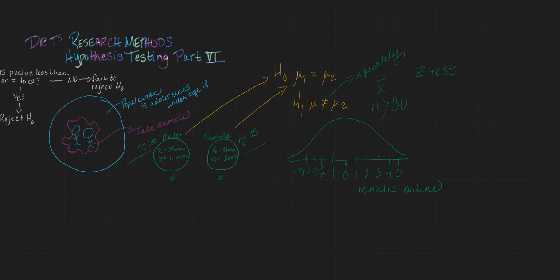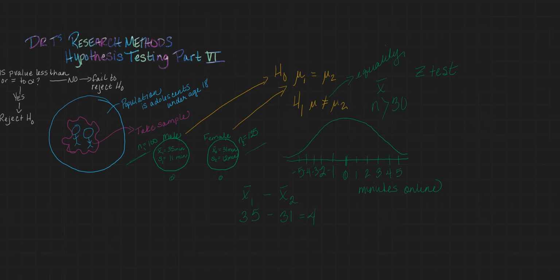Now I need to know what is the difference in the average amount of time that the male sample spends online versus the female sample. Well, it shouldn't be too hard to figure out. I'm just looking for a difference between the male average, that was 35 minutes, and the female average, that is 31 minutes. So I have a difference of 4.